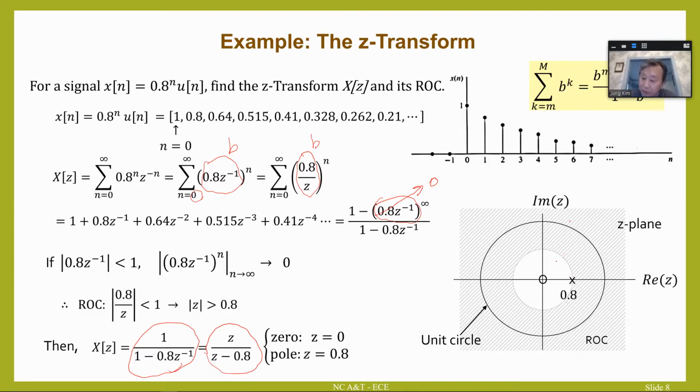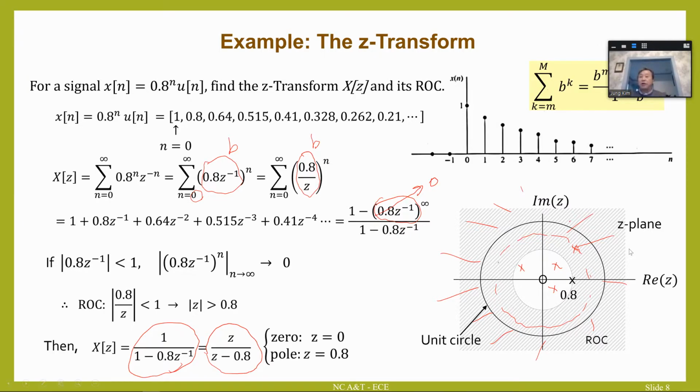Suppose we have many poles, for example here, here or here. Then the highest magnitude one, the region is the exterior from that pole. That's similar to the Laplace transform.